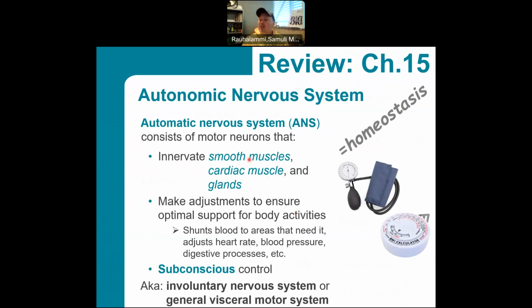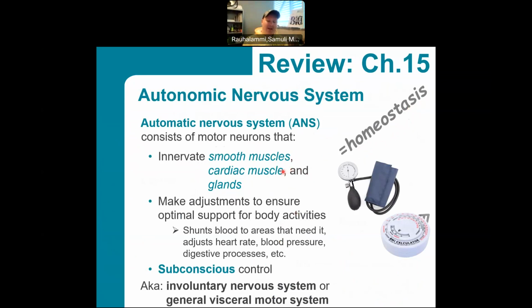For example, we find smooth muscle around your blood vessels, and we can regulate the blood vessel diameter to adjust your blood pressure and keep it in that ideal range.